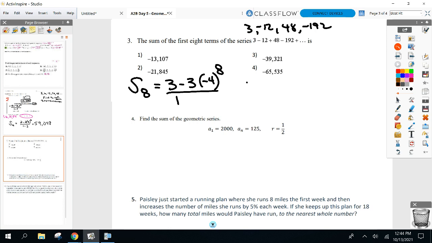Why do I say be careful? Because it's going to be not 1 minus 4, it's 1 minus a negative 4. So that should be positive 5 on the bottom. Go ahead.